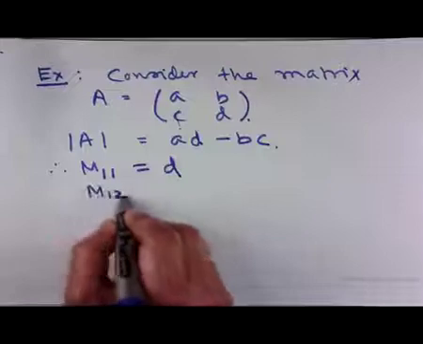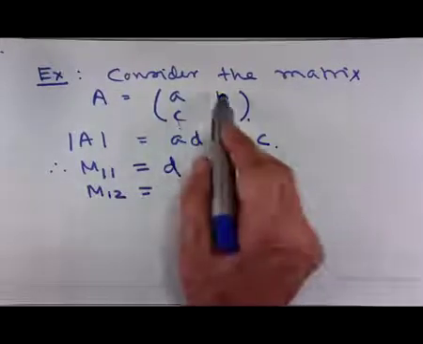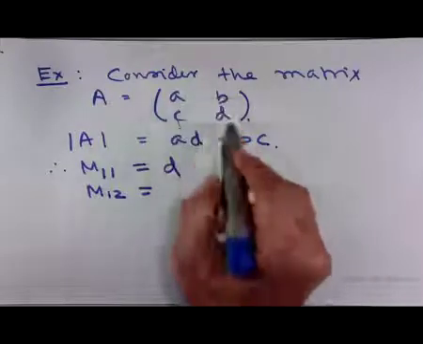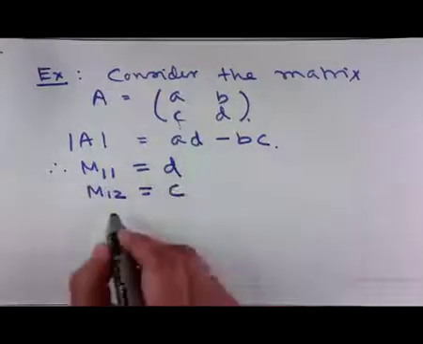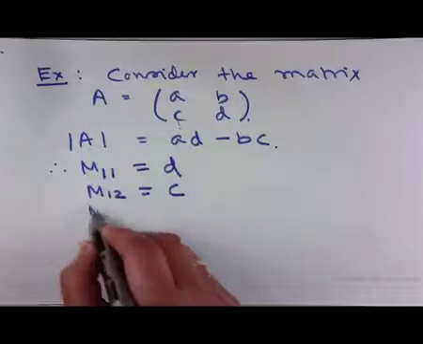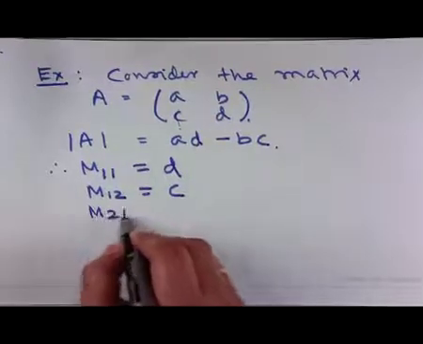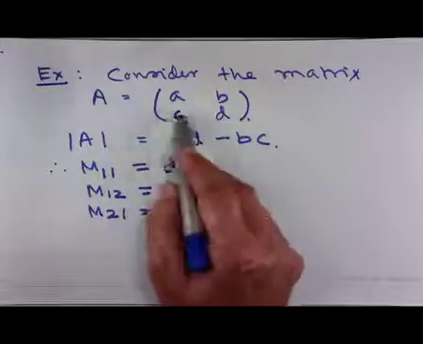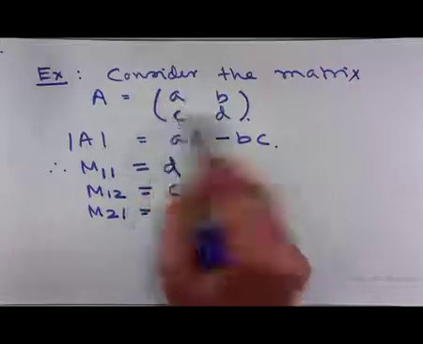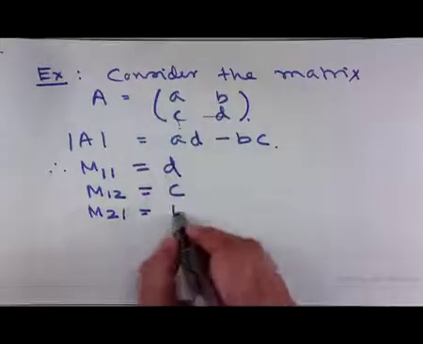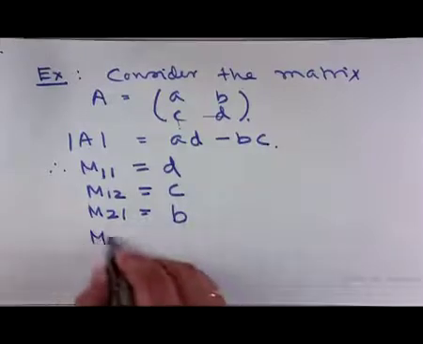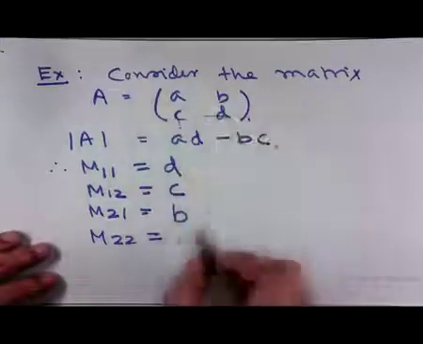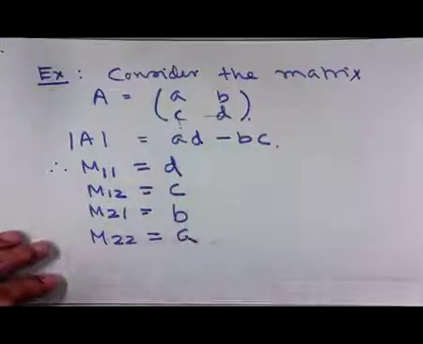M12 is equal to the determinant of the submatrix after deleting first row and second column, is equal to c. M21 is equal to the determinant of the submatrix after deleting row 2 and column 1, is equal to b, and M22 in a similar way we can get is equal to a.